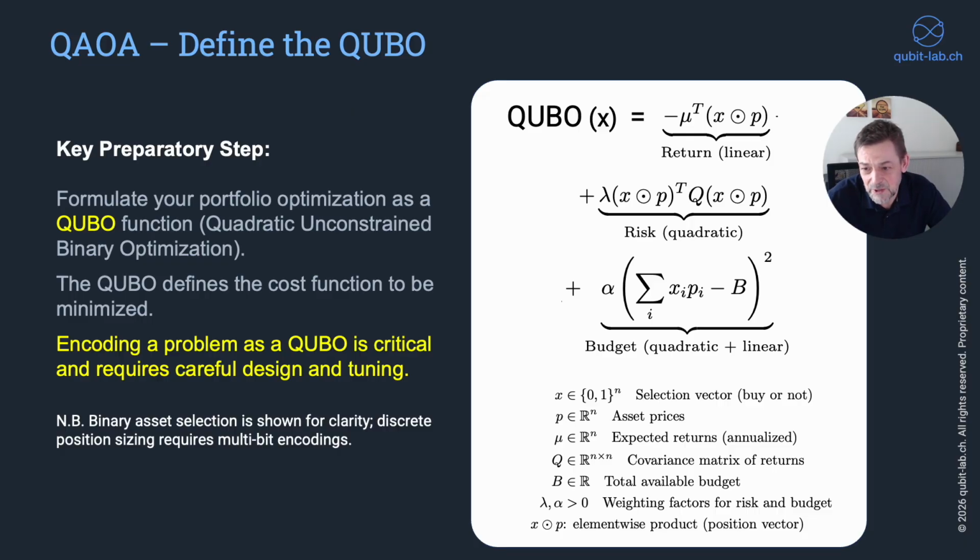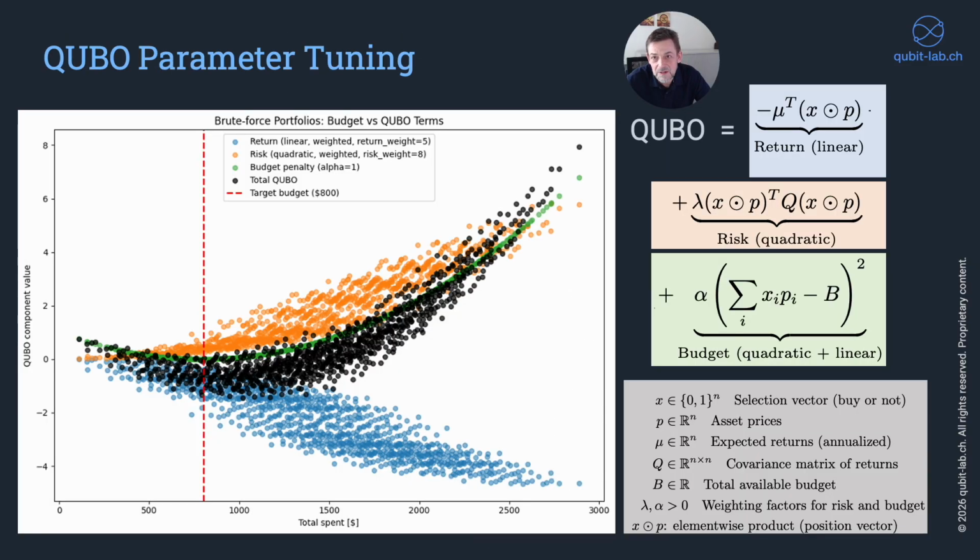First step in a QAOA is to define the QUBO, the cost function expressed as a function of the bit string x. So this function shall be minimized. That's our cost function. In our example, it contains a linear return term, a quadratic risk term, and a budget term, this last part here. The weights of the QUBO must be thoroughly tuned.